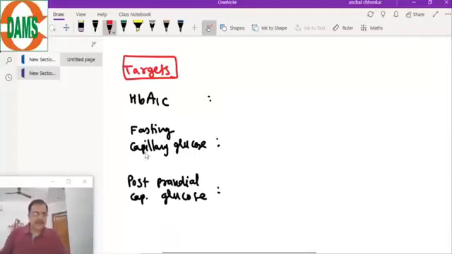The fasting capillary glucose and postprandial capillary glucose are measured with a self monitoring of blood glucose machine at home. These are the targets which the patient will check with self glucose monitoring at home.